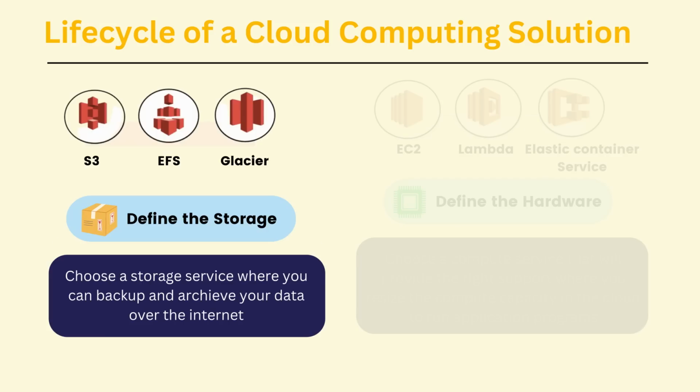Choose the appropriate storage service where you can back up your data, and a separate storage service where you can archive your data locally within the cloud or from the internet. There is one separately for backup called S3, and one separately for archival, which is Glacier. Knowing the difference between them really helps in picking the right service for the right kind of need.